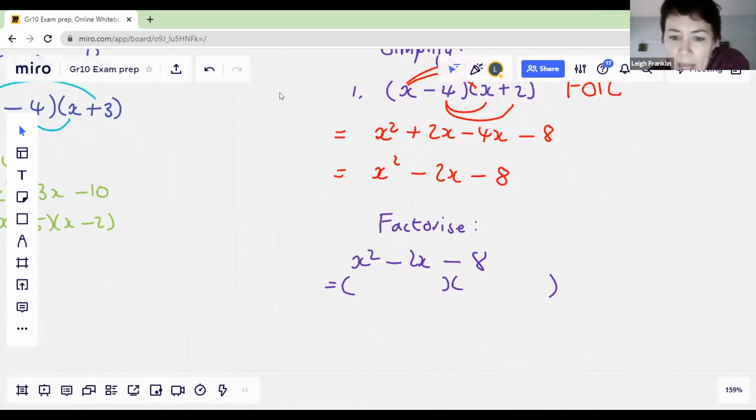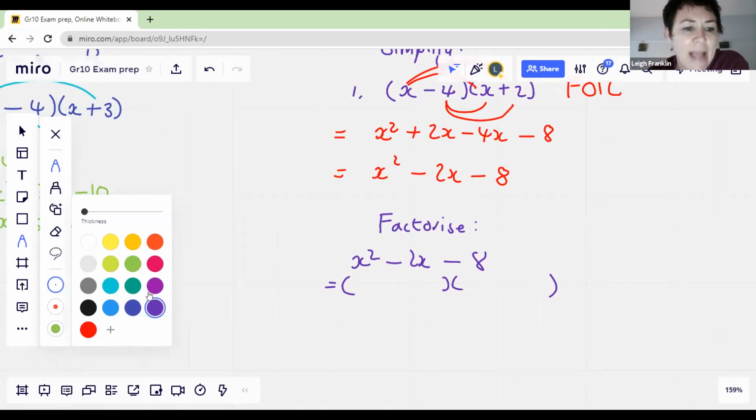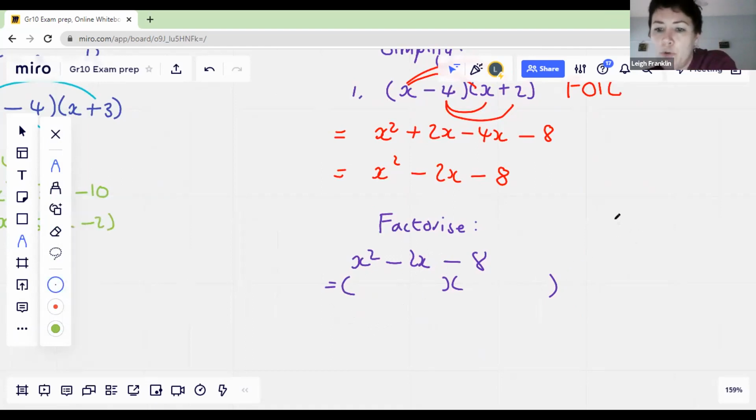When we multiply them, we get 8, but the difference between them is 2. So all of us know already that these two numbers have to be 4 and 2. So x and 4 and 2. So we do our cross multiply, we get 4x. We do our cross multiply and we get 2x.